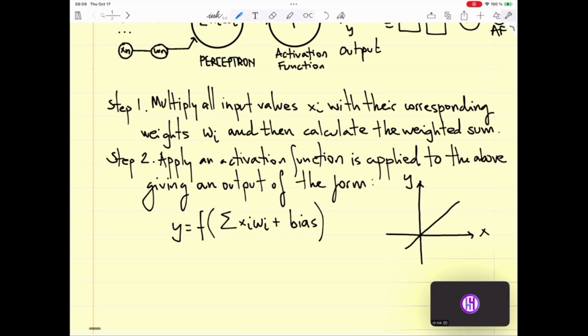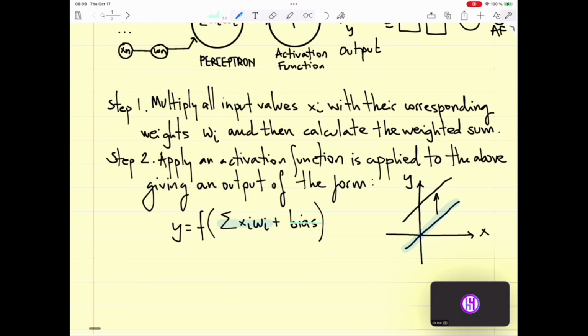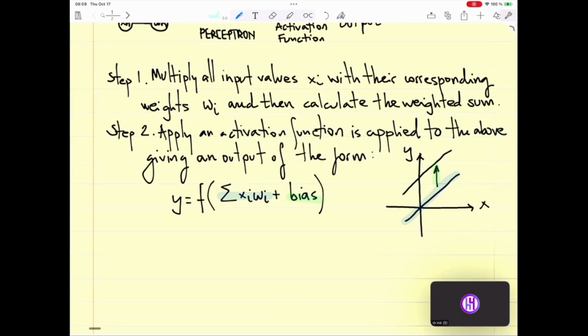This is the line and the bias translates the line to some other latitude, moving it, okay? So we will use an activation function here. There are many, and you can look for them.